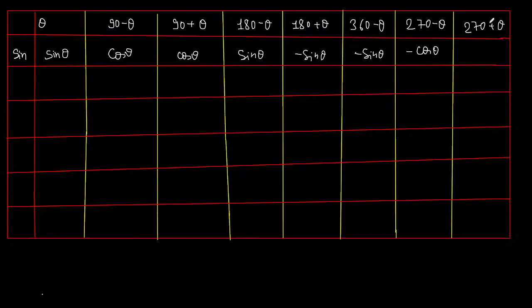So 180 plus theta is minus sine 90 plus theta, and sine 90 plus theta is cos theta, so minus cos theta.